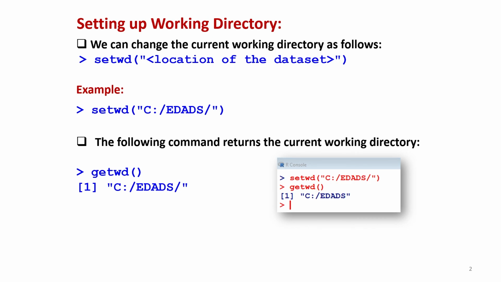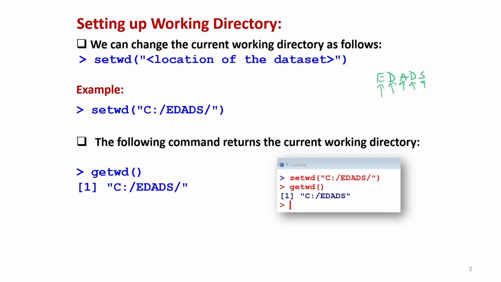Just for the sake of illustration, I have created a directory whose name is EDADS, which stands for Exploratory Data Analysis for Data Science, and I have stored it on the C drive. I have taken the C drive because every computer has a C drive.